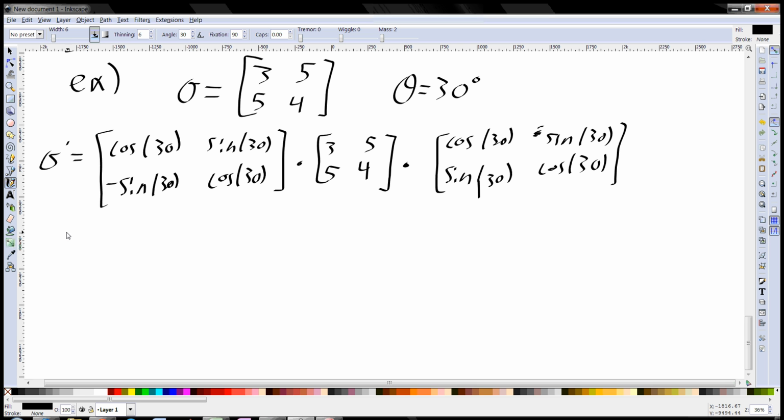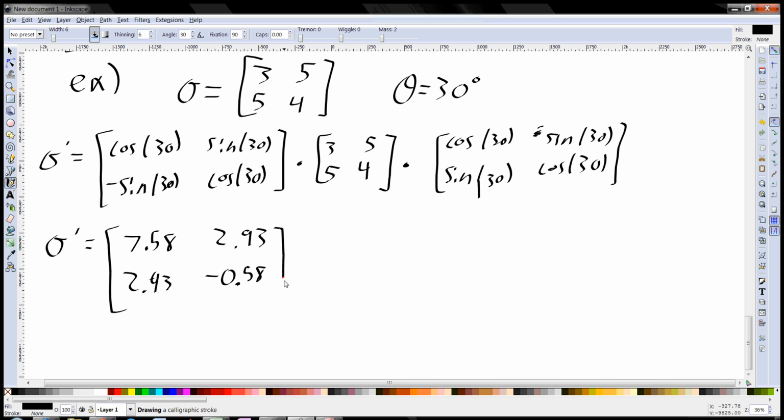And when you punch that into a calculator, it will spit out the matrix 7.58, 2.93, 2.93, negative 0.58. So that is our new stress matrix.